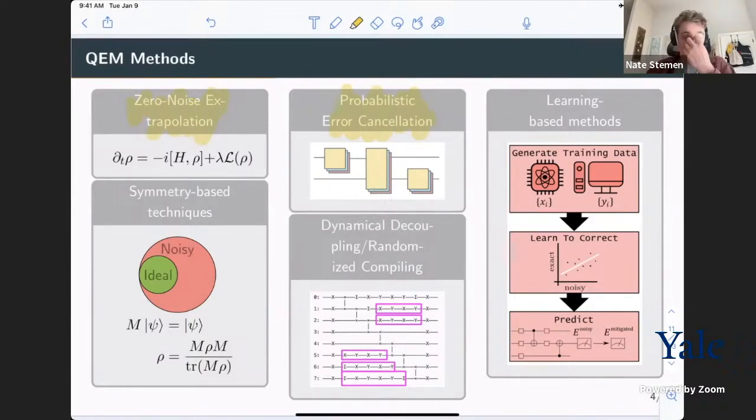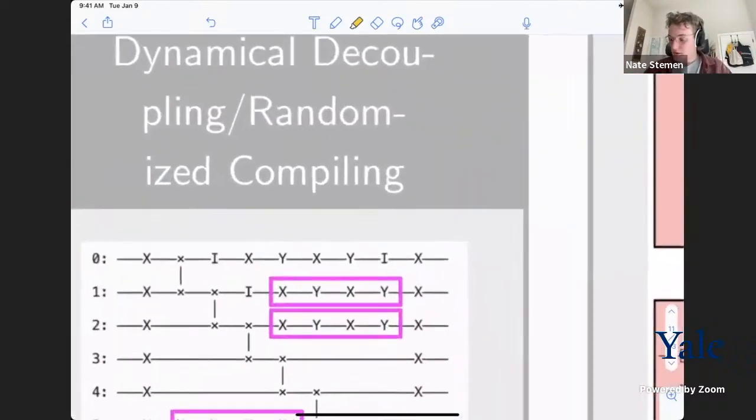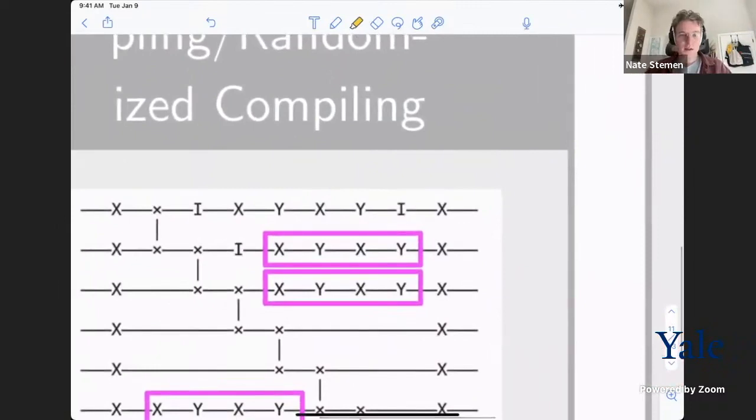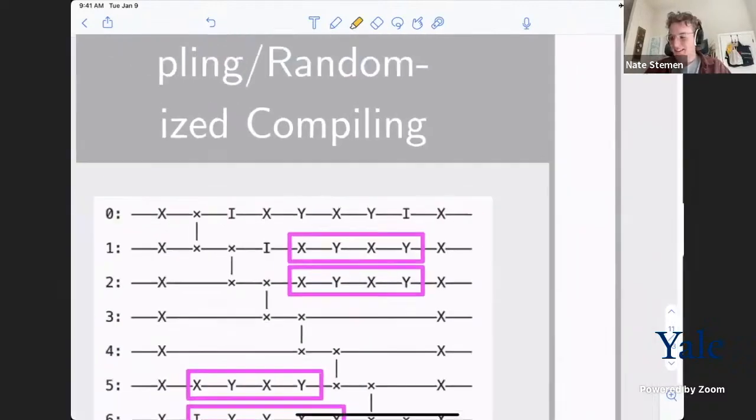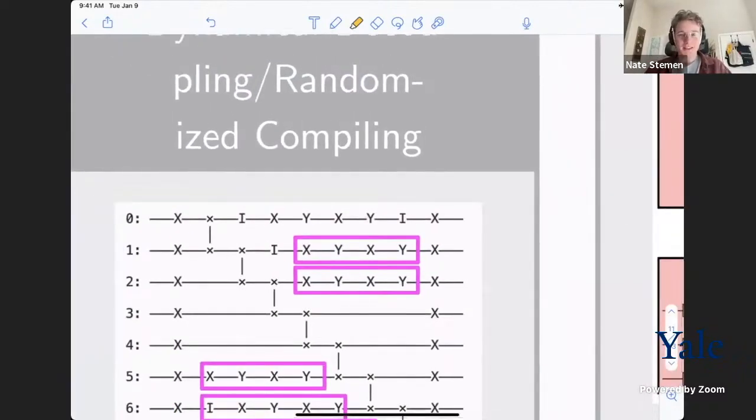So what you can do is insert these sequences, as you can see, for example, XY, XY. These are the Pauli operators, and if you compile that down, that's an identity operation. But otherwise it was just going to be identity, identity, identity, identity. And like I said, we're not very good at doing identities on a real computer. So it's almost better to be doing something than nothing.